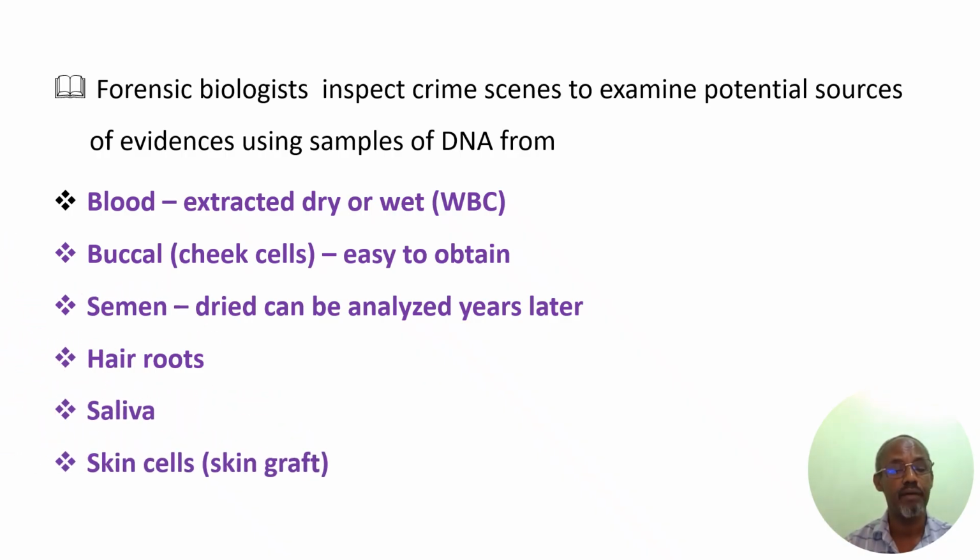You can take saliva. From saliva, you can get cells and DNA, so those cells can be used for DNA profiling. Skin graft, skin cells: you can take some graft of skin cells, especially. Of course, it's painful to take grafts of skin cells without anesthesia from a living human. But you can simply take skin cell grafts from dead bodies.